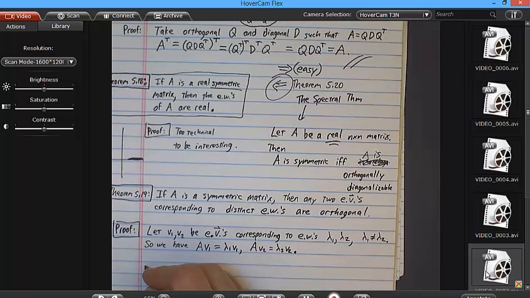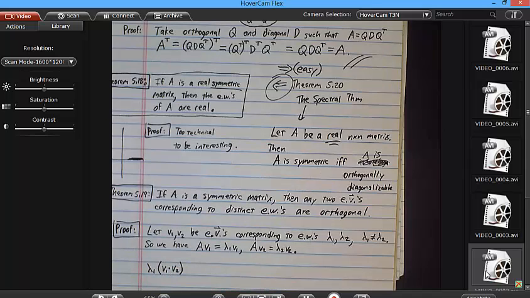Well, here's the trick. We're going to take lambda 1 times V1 dot V2. Now you have to be really careful when you write out this equation, because we're dotting. We want to show that this dot product equals what? 0.